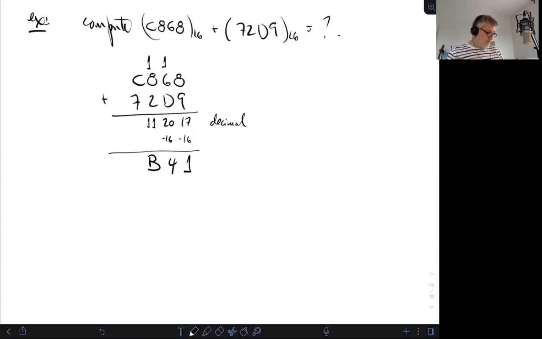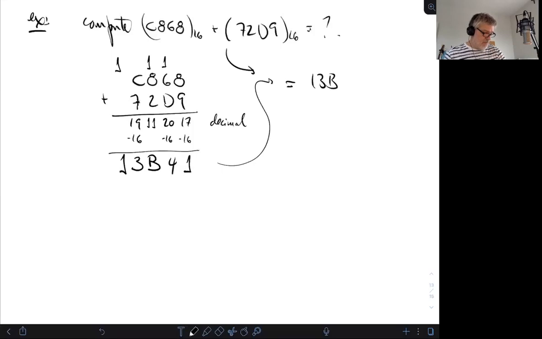C is 12. 12 and 7 is 19. If I remove 16, I get a 3 and a carry of 1. So 1, 3, B, 4, 1 in hex. Okay? So again, it's always the same principle.